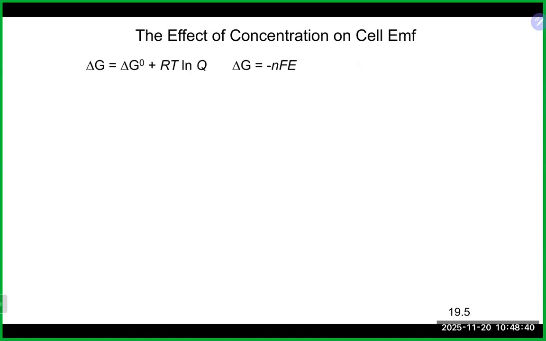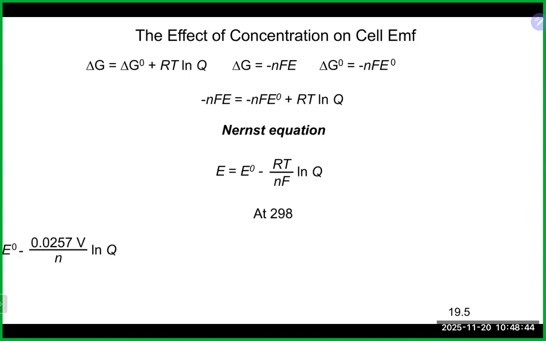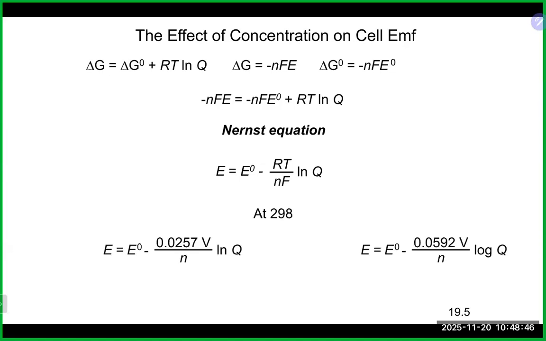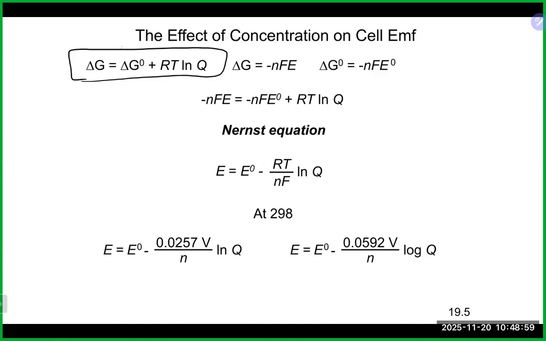All right, so let's talk a little bit about the effect of actually cell concentration on the cell potential. And we do have sometimes non-standard conditions. And obviously we saw some of our delta G ones from the previous chapter that involve non-standard conditions.